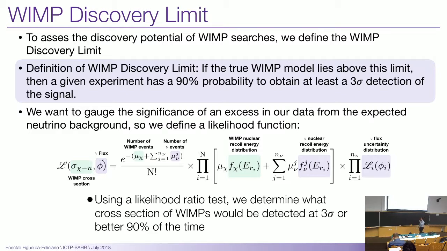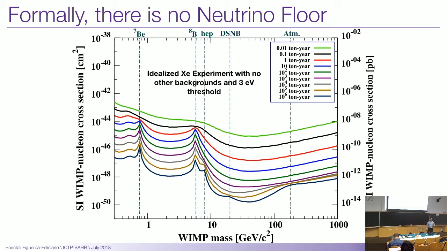Now, it turns out that this all depends, as we're talking about, on the uncertainty on the neutrino flux, right? If I knew the neutrino flux exactly, I would always be able to tell the difference between an experiment that saw only neutrinos and an experiment that saw neutrinos plus something else. You follow that? So in reality, there's no such thing as the neutrino floor.